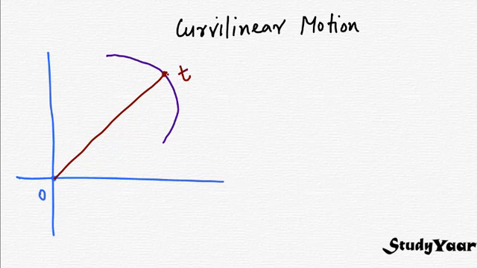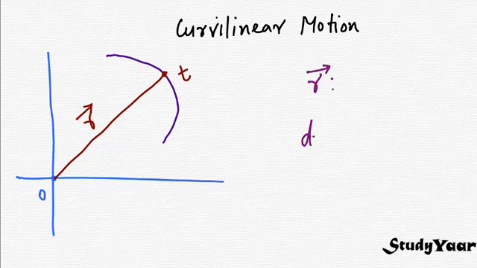If at time t my particle is at this distance from O, then this distance is my displacement. It is also known as the position vector of this particular point. I'm just going to write here r vector.